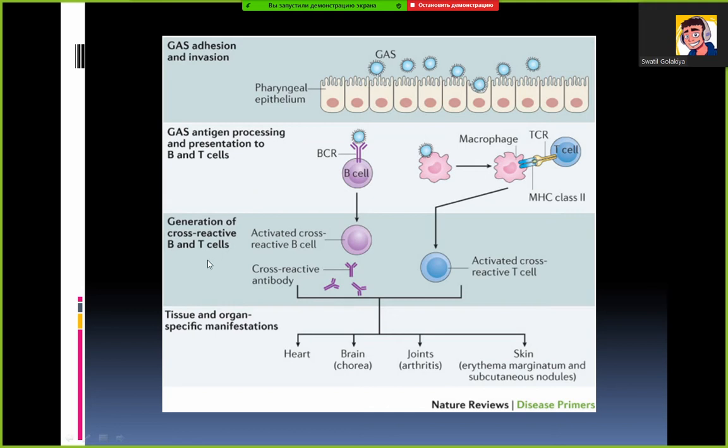The next is generation of cross-reactive B and T cells and production of cross-reactive antibodies, and then tissue damage and organ-specific manifestations. So acute rheumatic fever has 4 target organs: heart, brain, joints, and skin. So it influences the connective tissue of the heart, brain, joints, and skin.